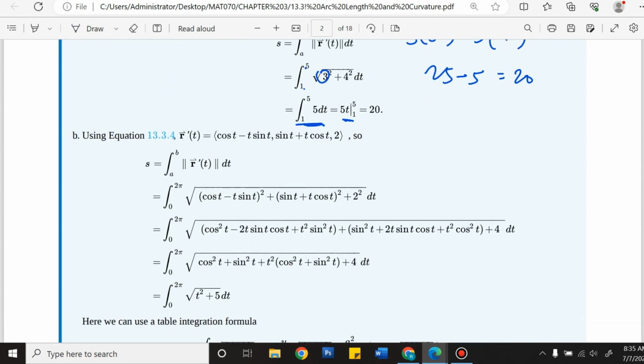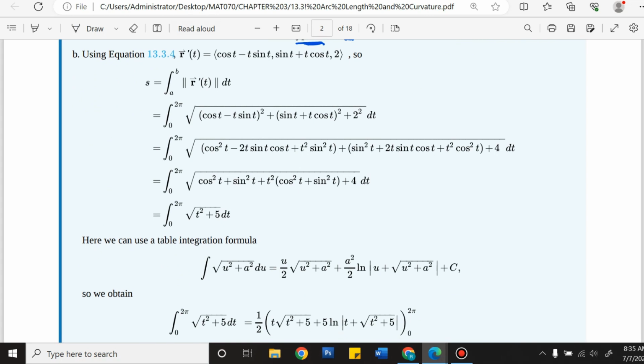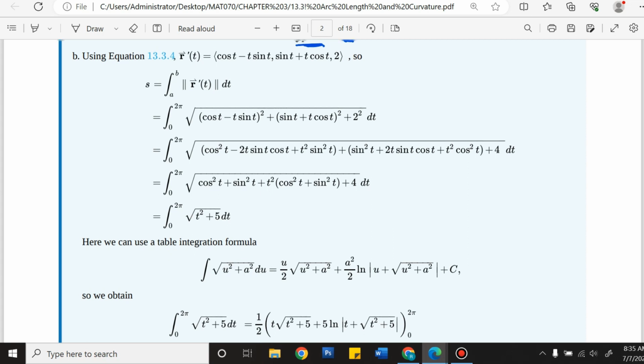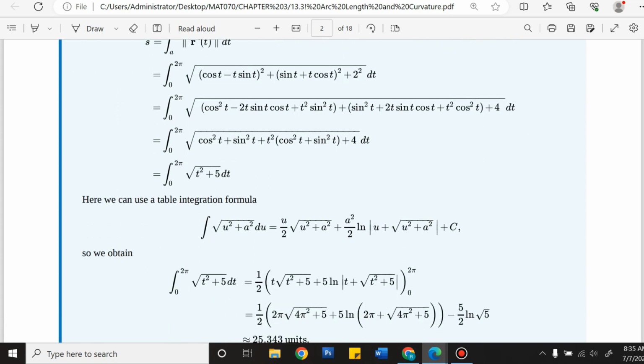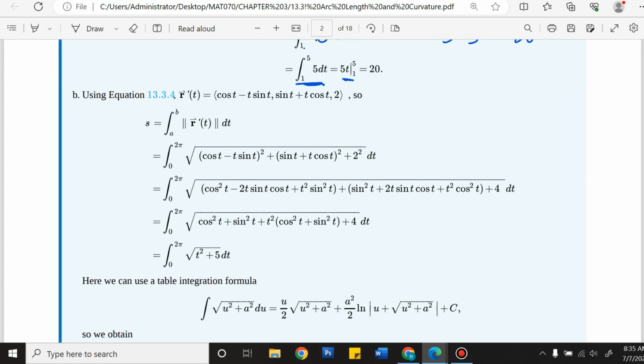Now, since the x and y components are sine and cosine, with 0 to 2 pi, they are angles. However, for z, since z is 2, the values of t are real numbers.